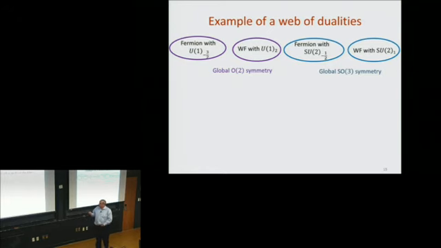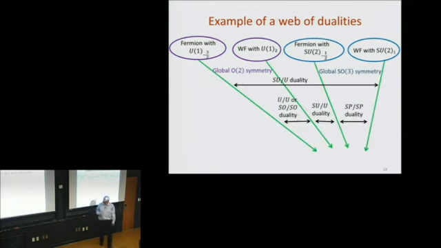In fact, the global symmetry is SO(3). So these 2 theories have the same global symmetry, but they are different. And this pair and that pair don't even have the same global symmetry, so they're clearly different. Yet, we can flow to the infrared and use our long list of dualities.